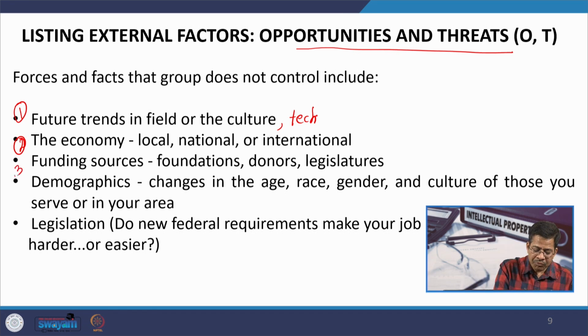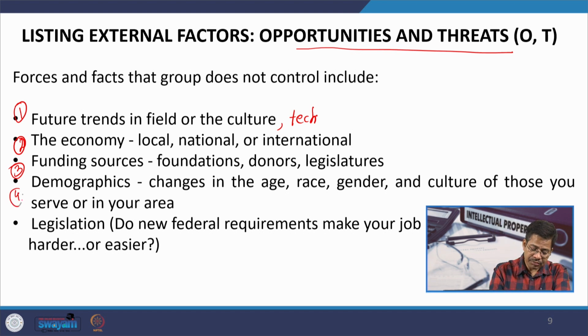Then funding resources which are coming from various grant agencies, donors and other foundations. So, if you have funding resources in that area, that is an opportunity, and if funding sources are dried up, that is a threat, because from where will the money come for doing more R&D or more IP portfolio management.